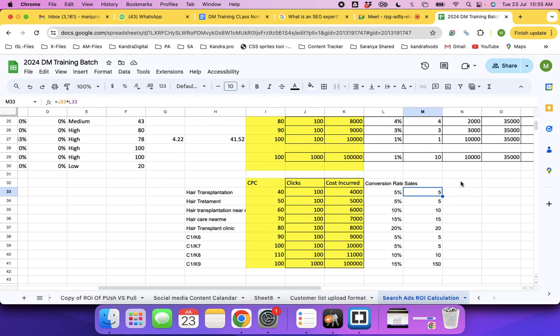So what is the cost per sale? By spending 4,000 you made 5 sales. What is the amount that you have spent now for one sale? Everybody, what is the cost per sale in this case?